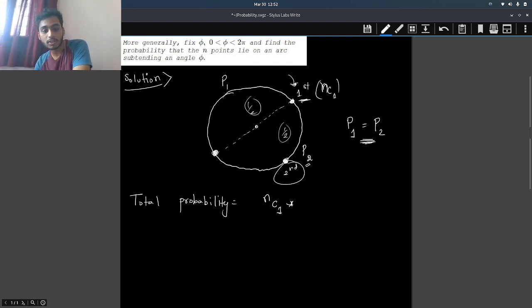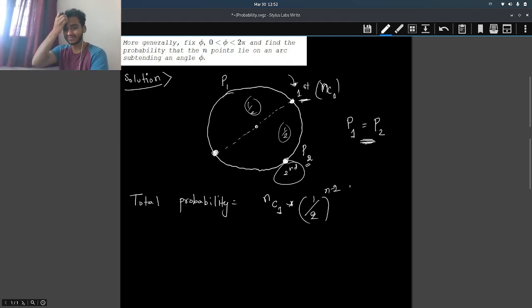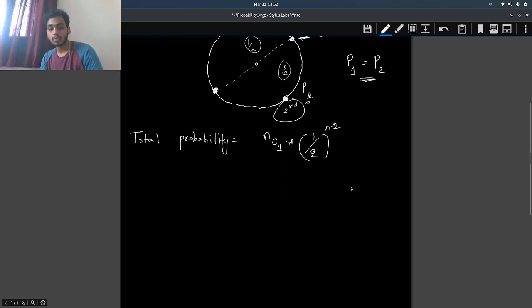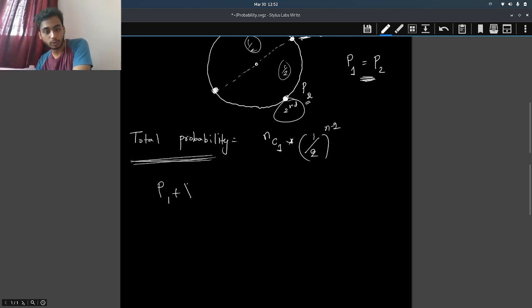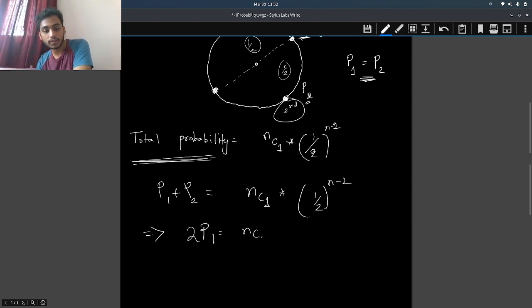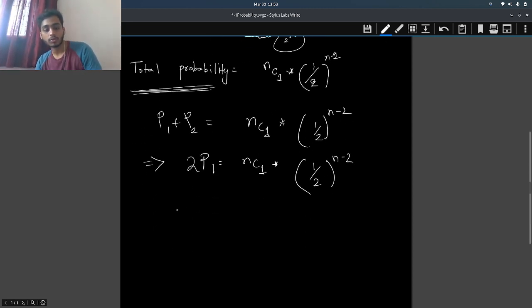So we are fixing one side, then we have to put all n-2 values on that side. The total probability is P1 plus P2, which is NC1 into half to the power n-2. As P1 equals P2, 2P1 is NC1 into half to the power n-2. So let's solve this. P1 will be equal to NC1 into 1 by 2 to the power n-1, which is n by 2 to the power n-1.